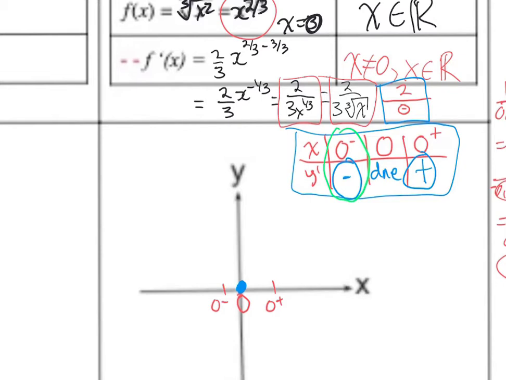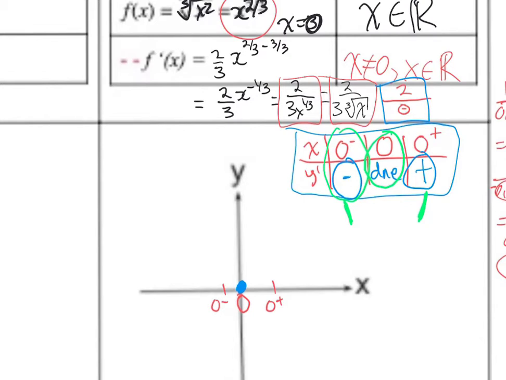A really negative slope looks like that, right? And a really positive slope looks like that. And the slope there is undefined, right? I shouldn't say does not exist, I should say undefined, which means it's a vertical asymptote, right?